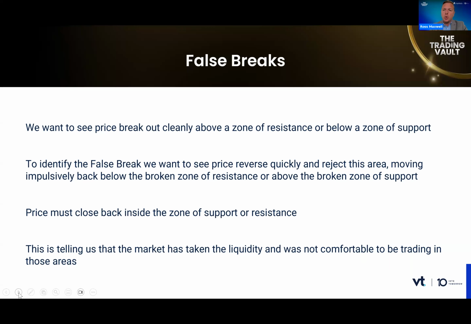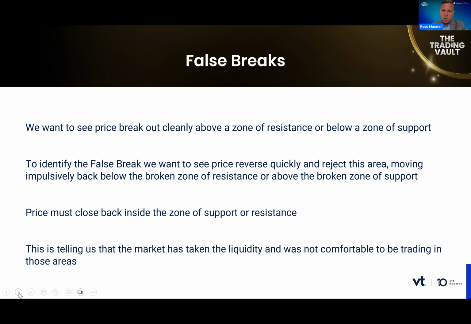And price must close, this is important as well, price must close back inside the zone of support or resistance. If we see a zone of support, it pushes down and impulsively pushes back up above the zone of support, but in the same candle it pushes back below the zone of support, it's showing that the buyers aren't in control, and actually the market is a bit more comfortable below that level, and it's just a bit more choppy around that zone at the moment.